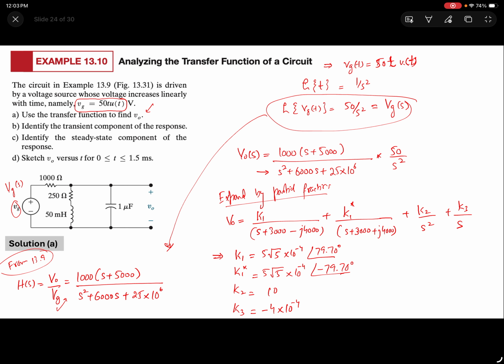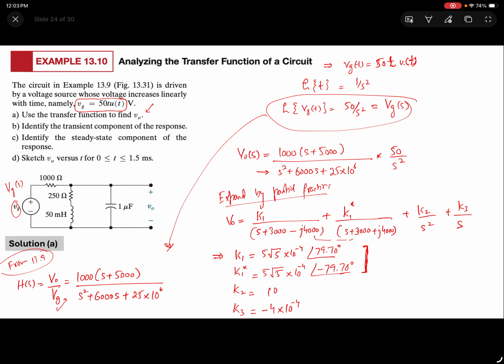If you remember, in one of the earlier problems today, we solved something similar, not exactly the same, where we have K1 and K1 prime as complex conjugates, and our denominators were complex conjugates of each other as well. We use the identity a e to the power minus x plus j omega t, plus a prime e to the power minus x minus j omega t. So we are going to apply that identity and write the final answers.